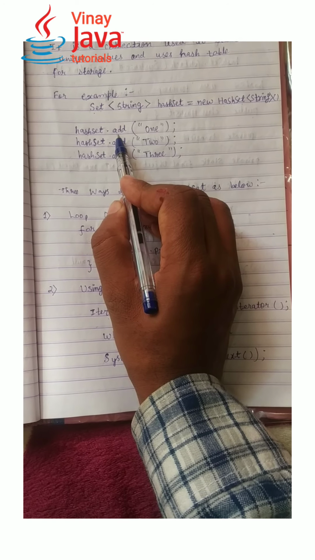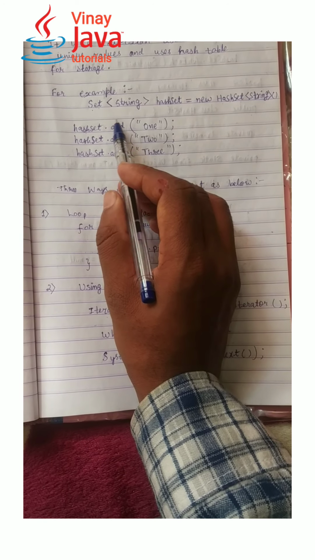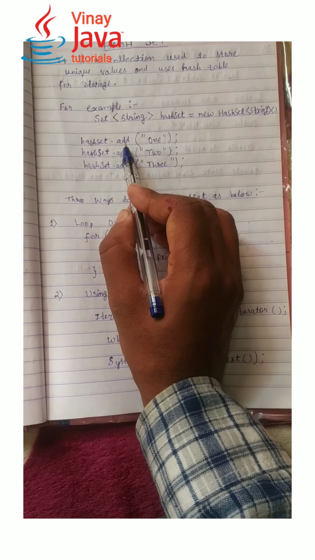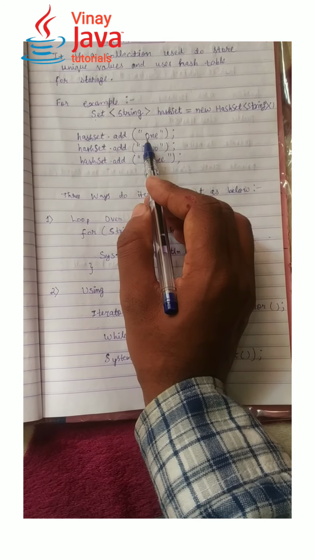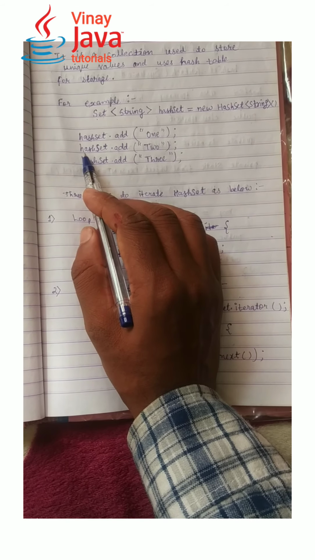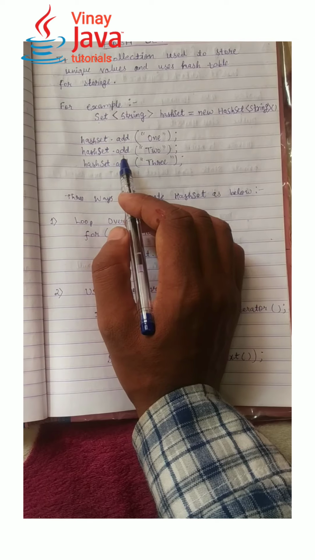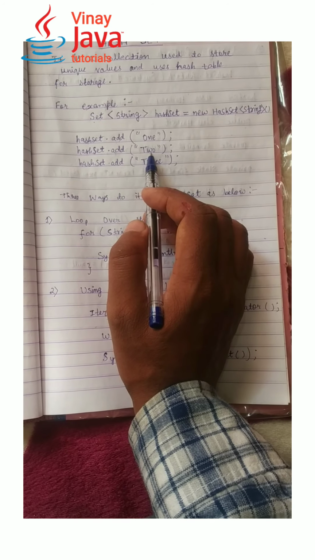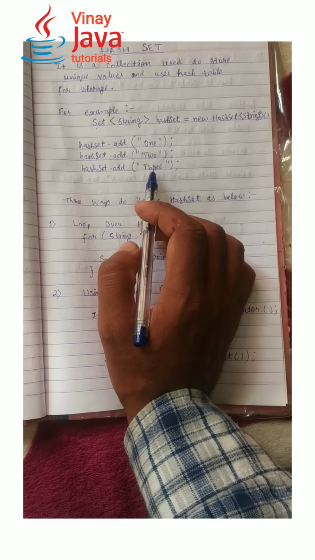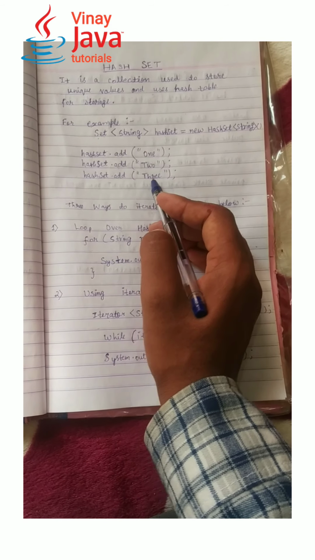Then this add method is of boolean type. So when I am adding elements, I am adding the string object one, the string object two, and again the string object three.